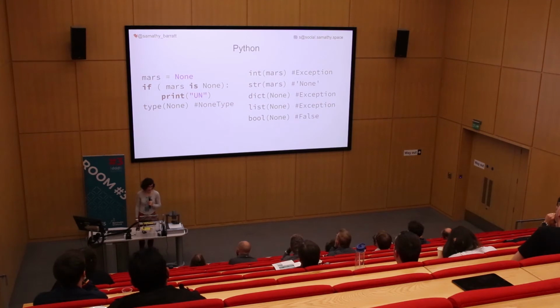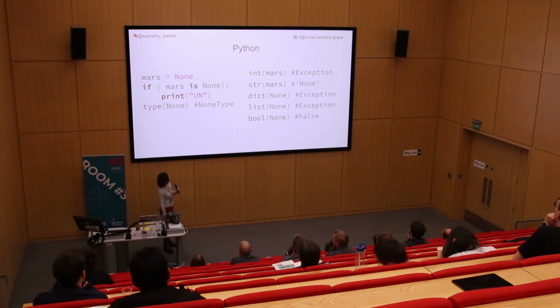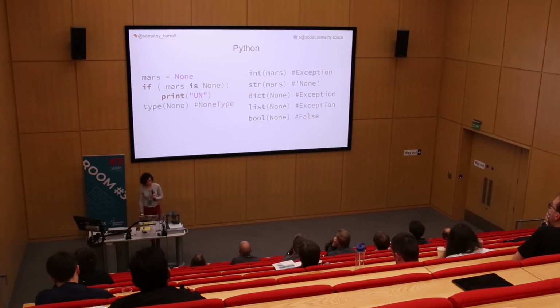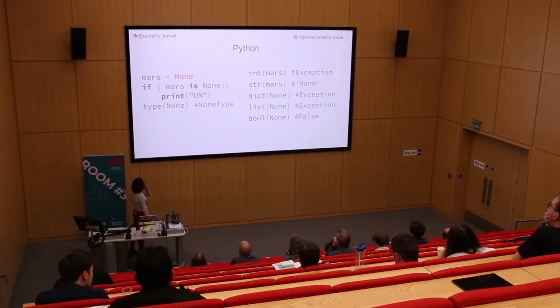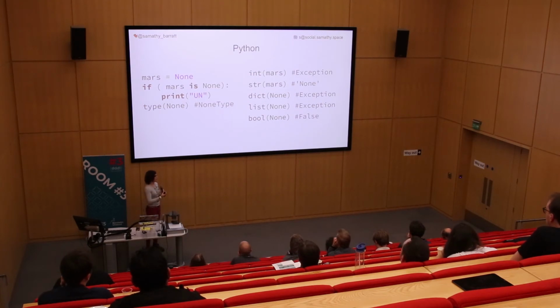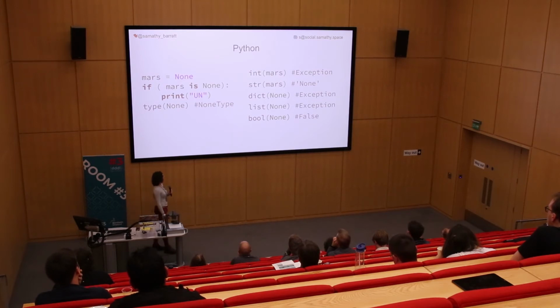What's next? Oh yeah. So I want to talk a bit about casting. The reason I want to talk about casting goes back to what I was discussing earlier with the C programming language, where you've got null, which is an integer. In object-oriented languages, you can sometimes cast objects to pretend to be other objects. In Python, you can't really do that. You can cast a None object, a reference that contains None, to strings and booleans, but you can't cast it to types that don't really make sense, like integers, dictionaries, or lists.